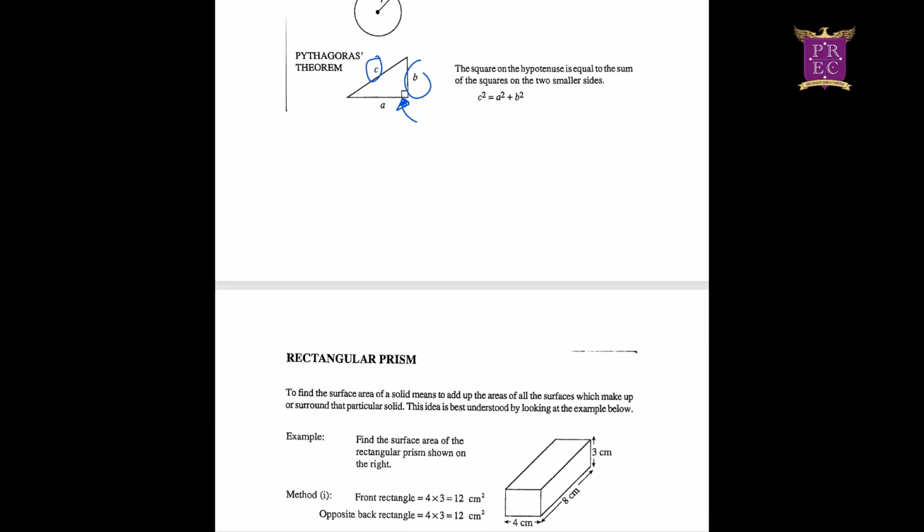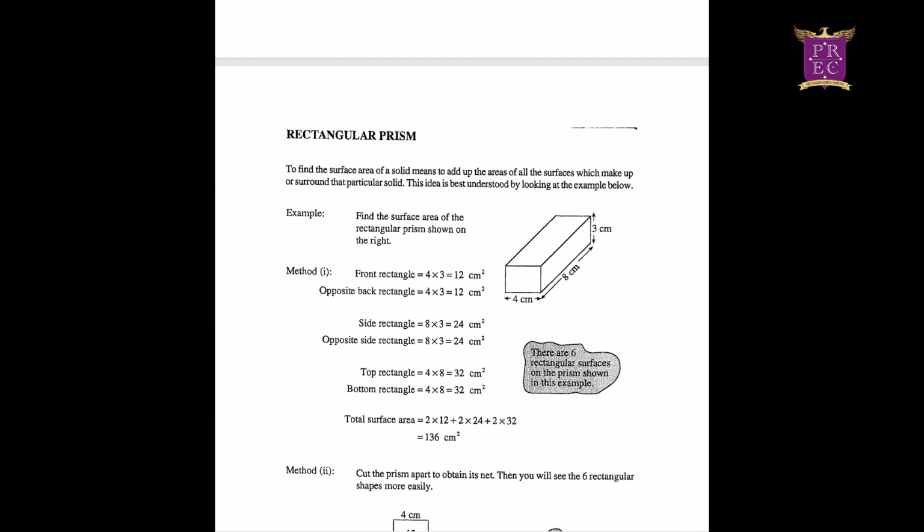Okay, let's get going. So a rectangular prism. With a rectangular prism, there are 6 surfaces. You've got the top and the bottom, front and back, and left and right. What I would recommend doing is calculate the area of each side separately and then add them up. With a rectangular prism, there are 2 sides that are similar, so you can just find one side and times it by 2.